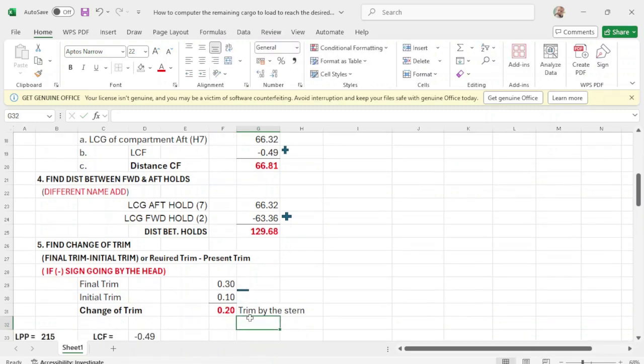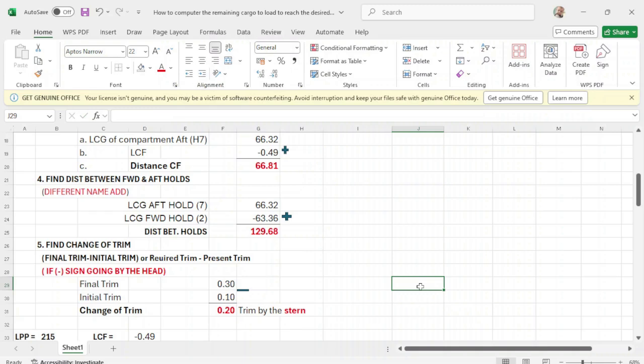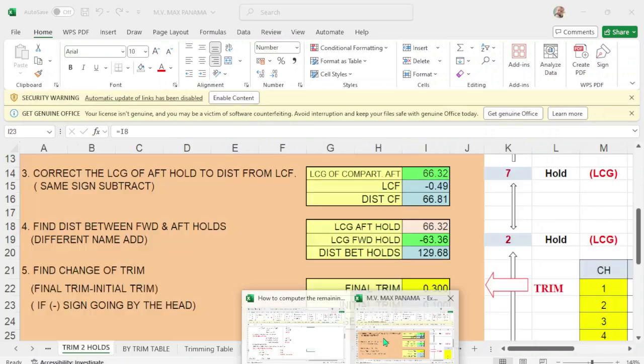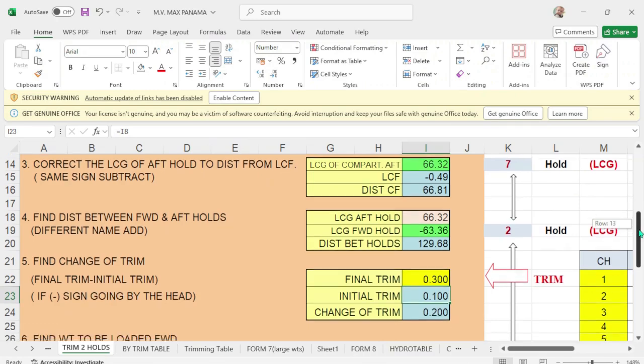And I just put it this way, like this. Stern. Then we go to number 6.